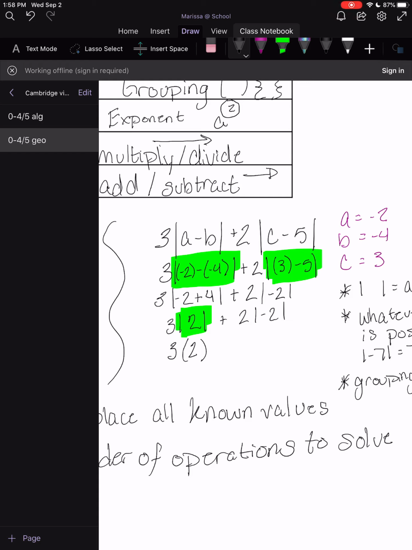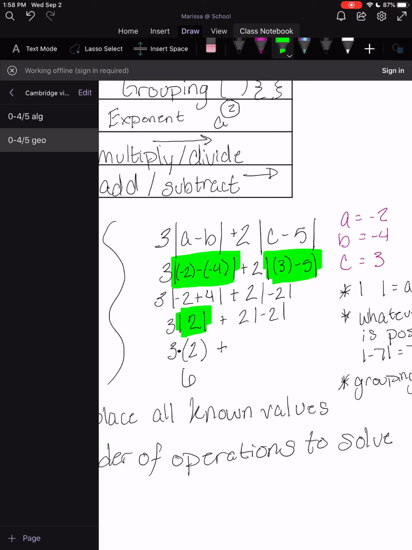So now I have 3 parentheses 2. Hopefully all of you remember that if I have a number and then a parenthesis, it just means that I'm multiplying. So 3 times 2 is 6. And that was on the furthest left side. I don't have any exponents. Remember, I'm working left to right, multiplying or dividing. Multiplying was the first thing I came to, so that's why I could do that now.